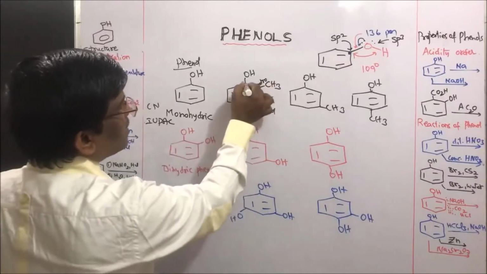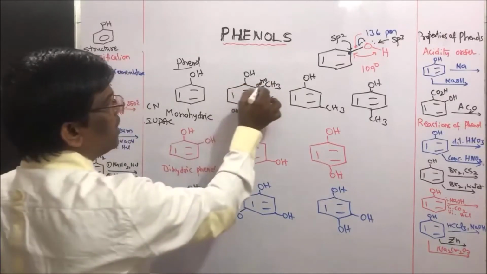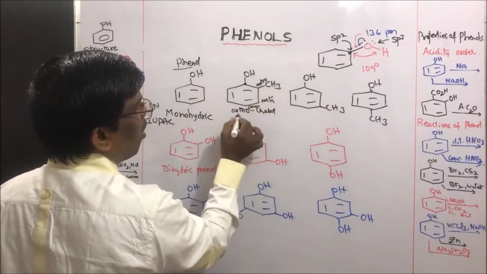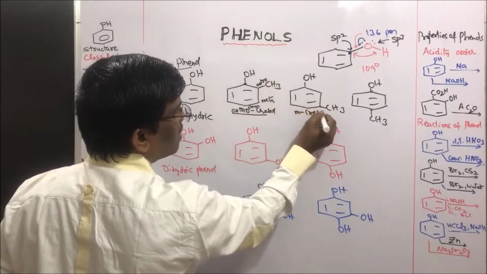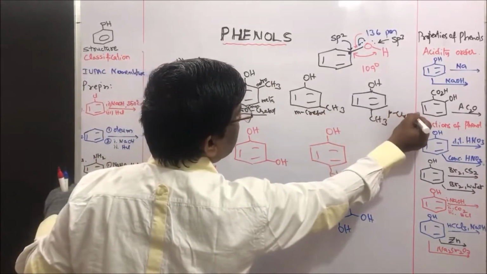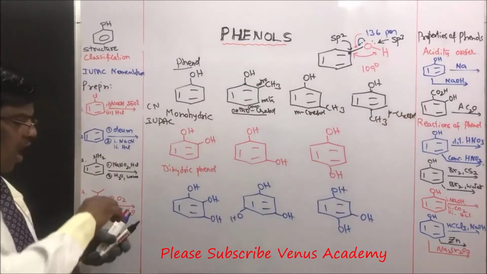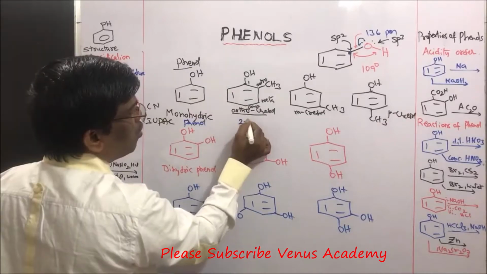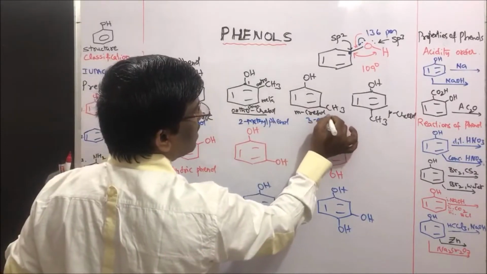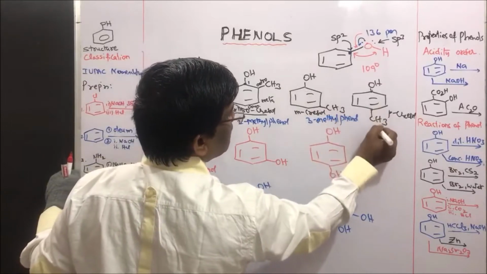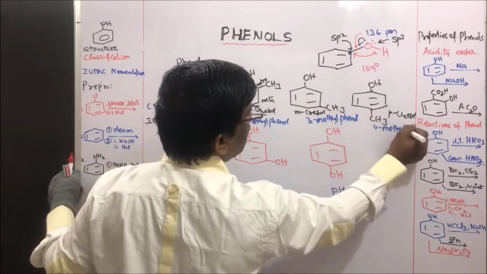So with respect to hydroxy group, the methyl group is ortho. So the common name is orthocresol. This is metacresol. This is paracresol. When it comes to IUPAC nomenclature, 2-methyl phenol, 3-methyl phenol, and this is 4-methyl phenol.